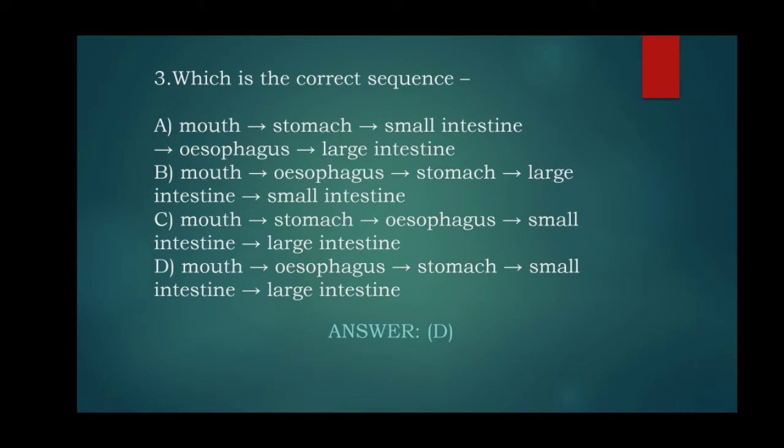So these are the sequence through which digestion occurs. We know that digestion starts from the mouth, and through the esophagus the food will move to the stomach, and from the stomach it will move to the small intestine and then the large intestine. So the digestion completes in the large intestine, right? So the correct option is option D.